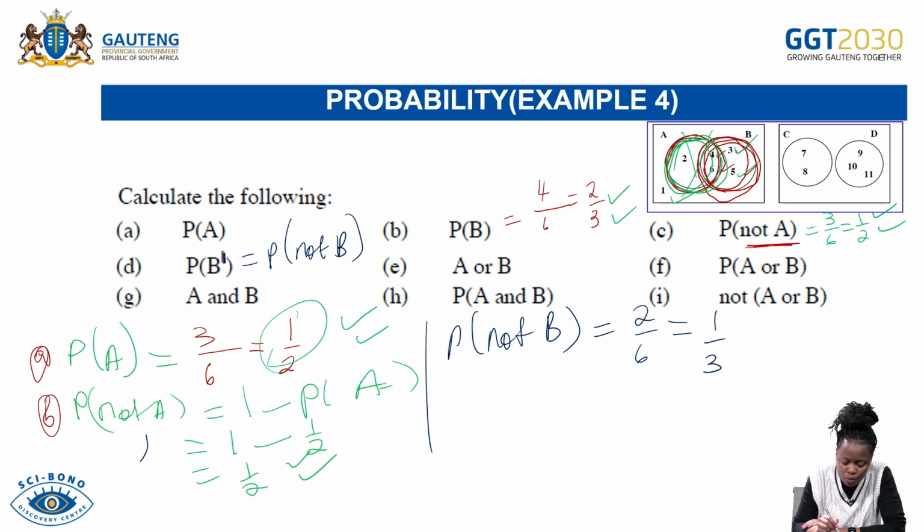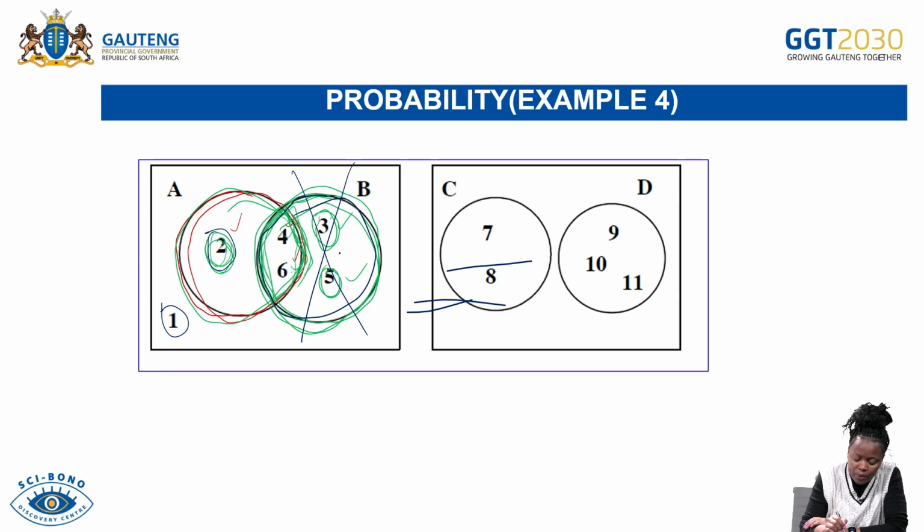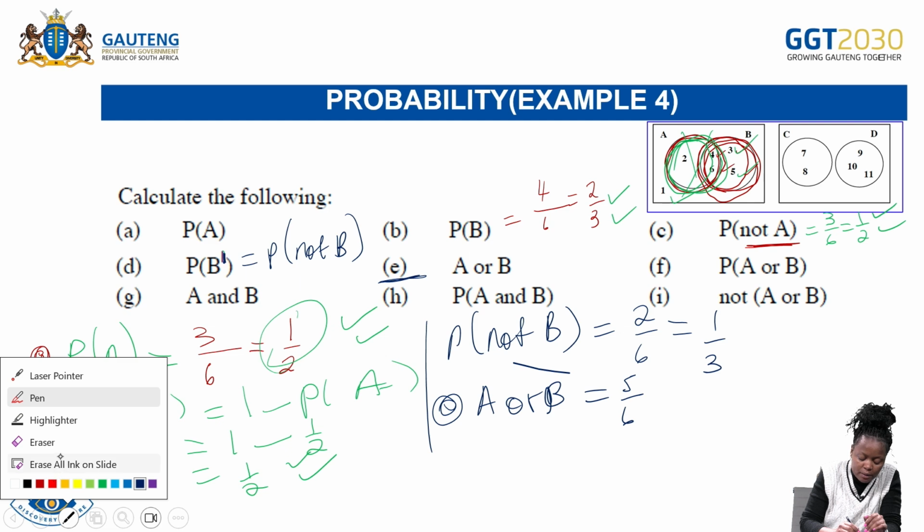Again, you move to letter E, whereby they're saying write the sample space of A or B. So you check. A or B, it is going to be A, which is 2, 4, 6, and B, which is 3, 4, 5, 6. A or B is everything in A and everything in B. Oh, no. They are not talking about the probability here.